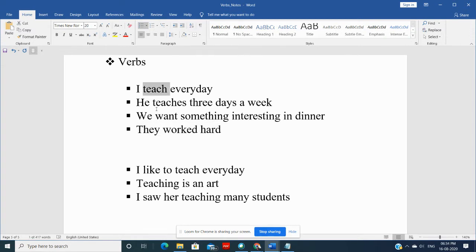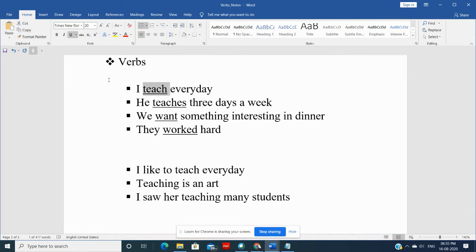Now, teach is the verb here, and teaches is the verb here. Here the verb is want, and in this sentence, worked is the verb. As we can see, depending on the subject of a sentence, the verb is changing.